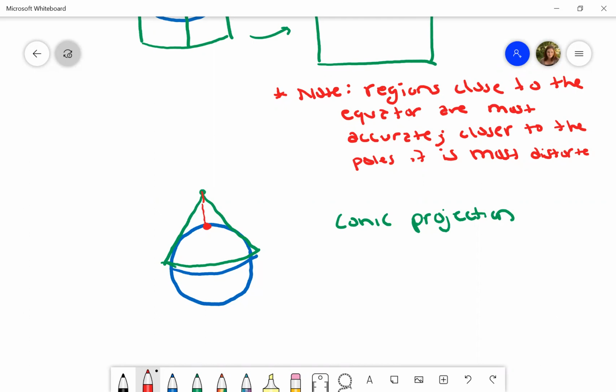All right. So this type of map, let me write this in red to be consistent.